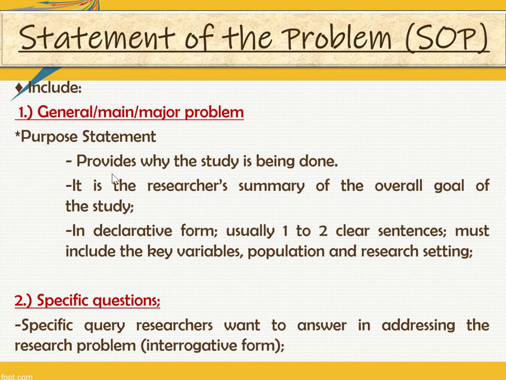So nilalagay natin sa purpose statement yung aim or yung objective ng study natin. So it is in declarative form, usually 1 to 2 clear sentences. And it must include the key variables, the population, and the research setting. So yun yung mga nakapaloob in the purpose statement.